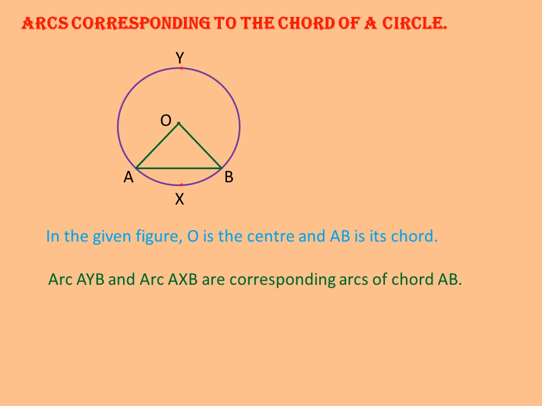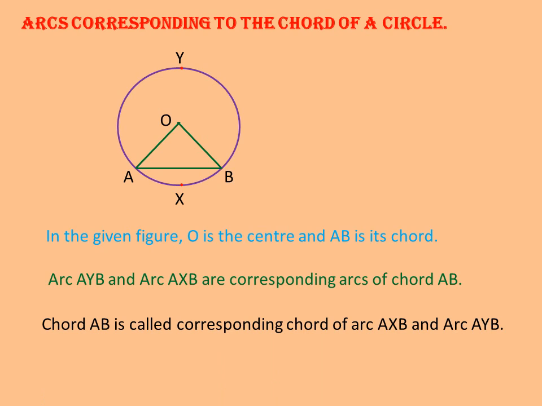Whatever measurement you have of the central angle AOB, the same will be the measure of arc AXB. But if I draw a chord AB, then I get two arcs as shown in the figure: arc AXB and arc AYB. Clear? So we can say that arc AXB and arc AYB are corresponding arcs of chord AB.